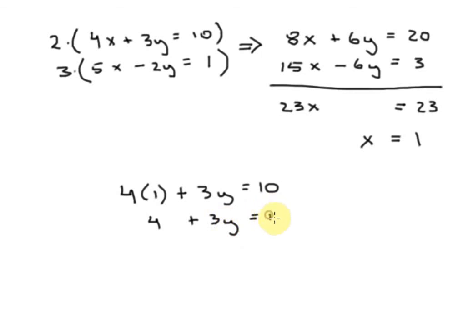So I'm going to take 4 away from both sides, and that leaves me 3y equals 6. Then I'm going to divide by 3, and there's the y solution. y is 2. So here's my combined x is 1, y is 2. There's my solution, all done.